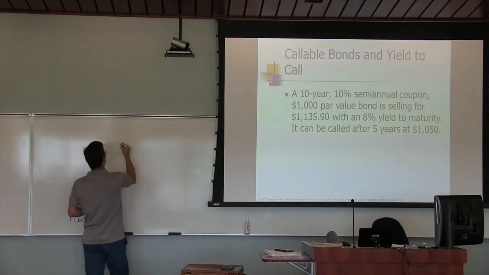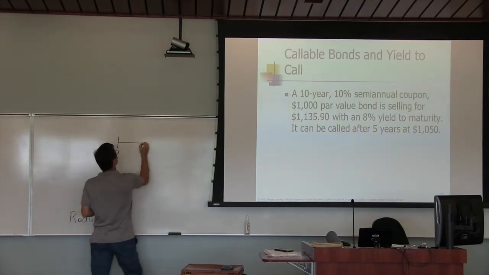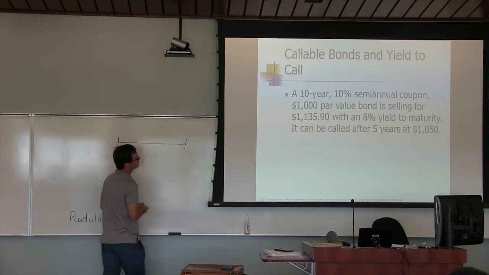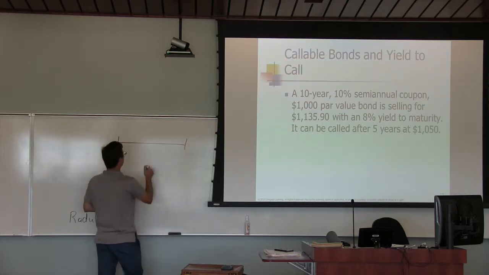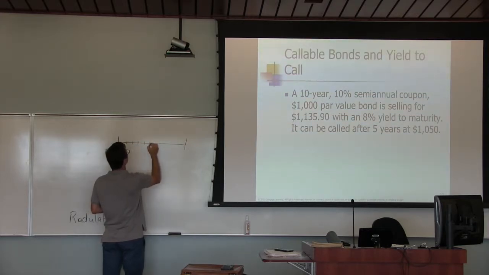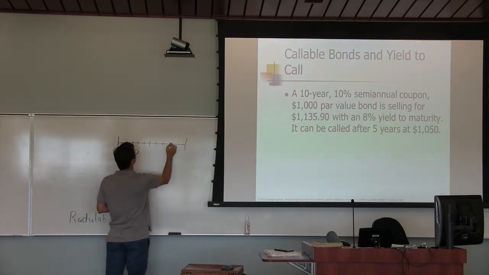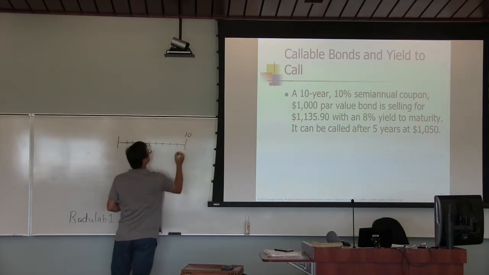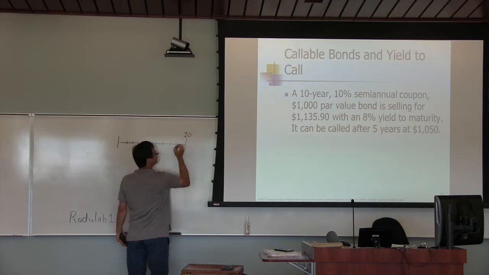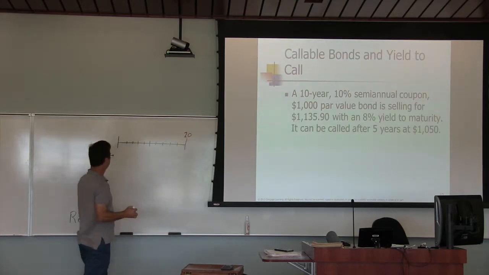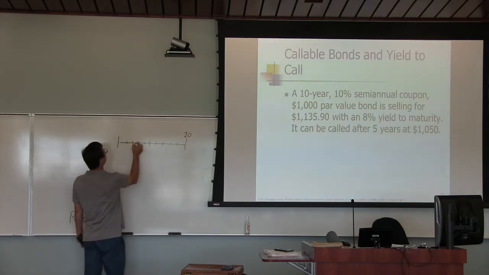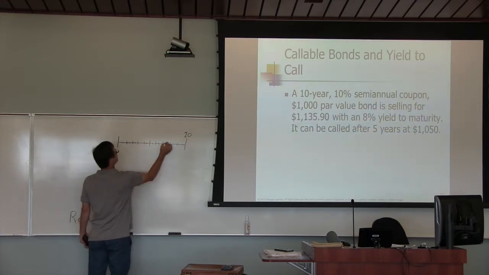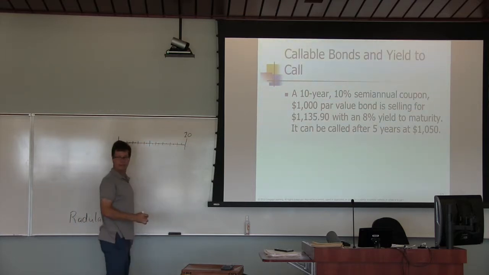Okay, so we look at this right there. It's a 10-year, semi-annual, however, right? So it makes it 20 periods. Each of these are now kind of doubled up there, right?